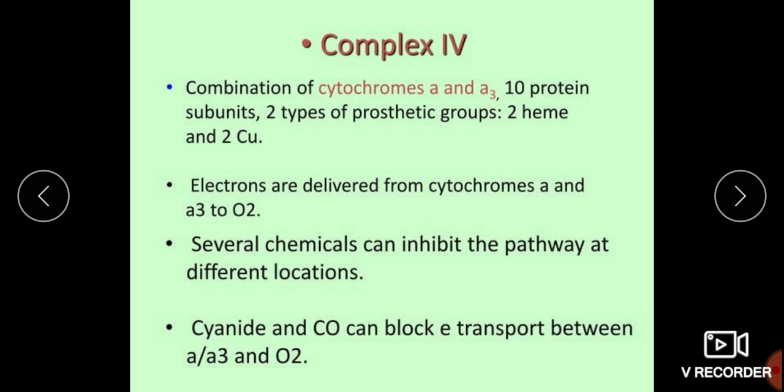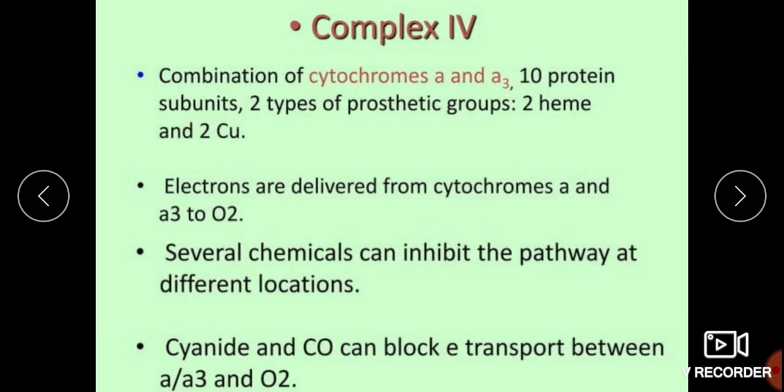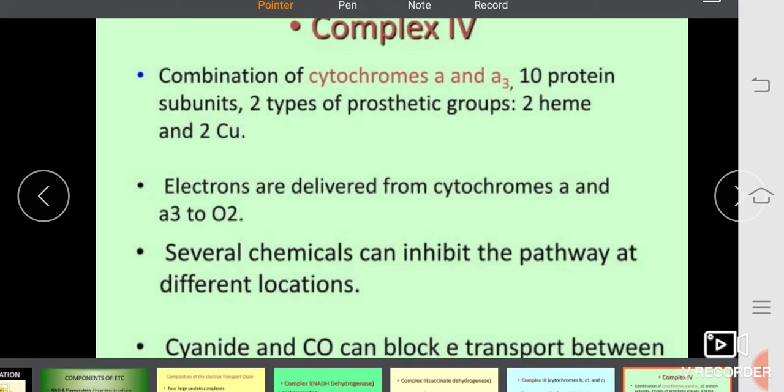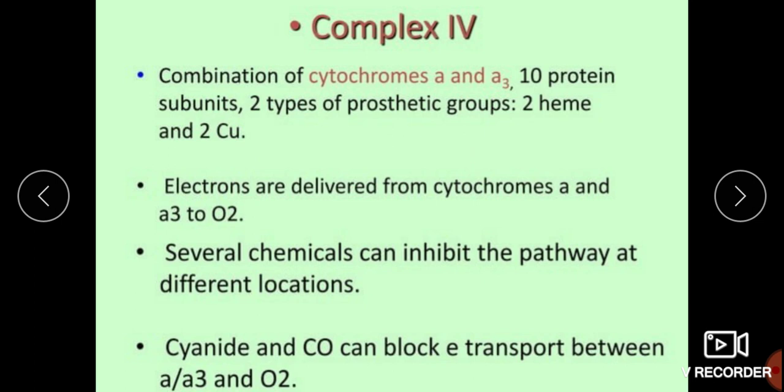Then complex 4 is with cytochrome A and A3. It is made up of 10 protein subunits. Two types of prosthetic groups are here, one is heme and another one is copper. Electrons from complex 4 are delivered to O2.